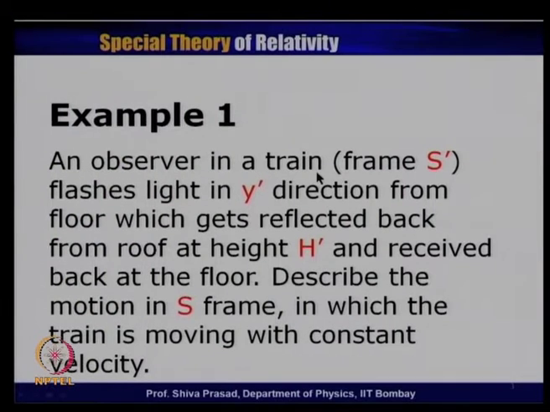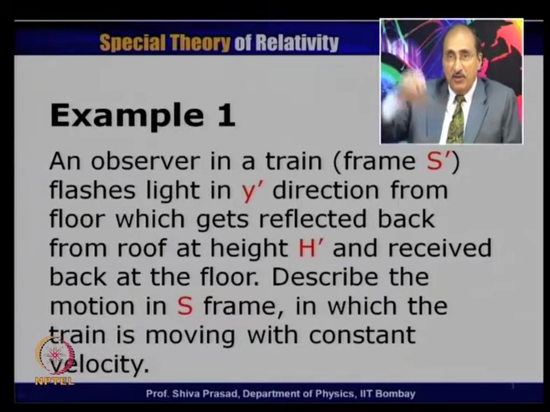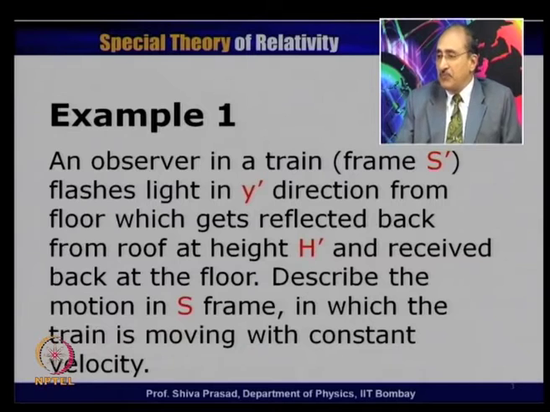An observer in a train, which we are calling frame S prime, flashes a light in the y prime direction from the floor, which gets reflected back from the roof at a height of h prime. So, there is a roof at the top, which is at the height of h prime. I will show you the figure just now. And the light is reflected back from the top and received back at the floor of the compartment of the train.